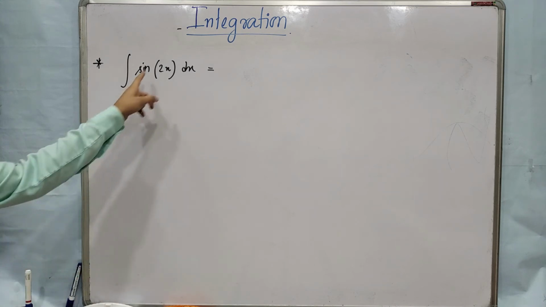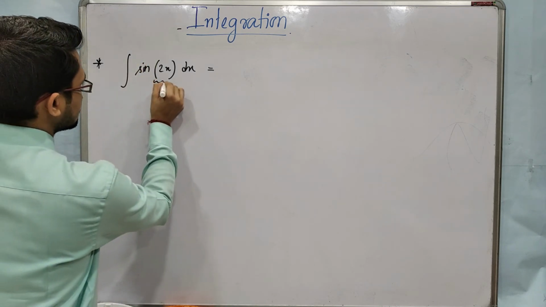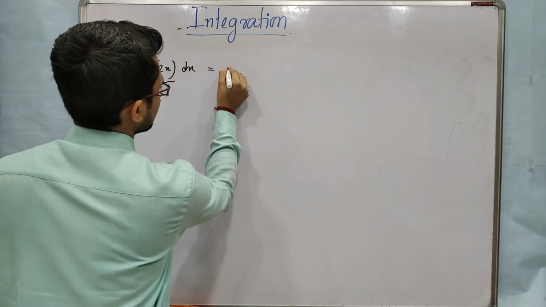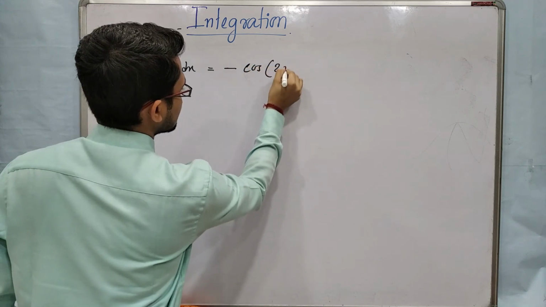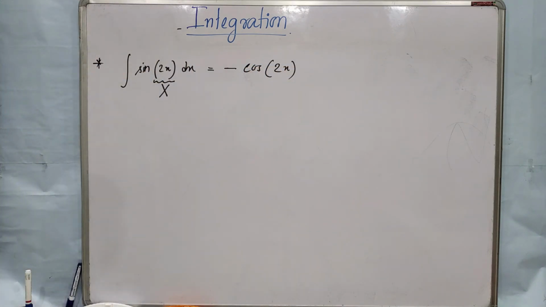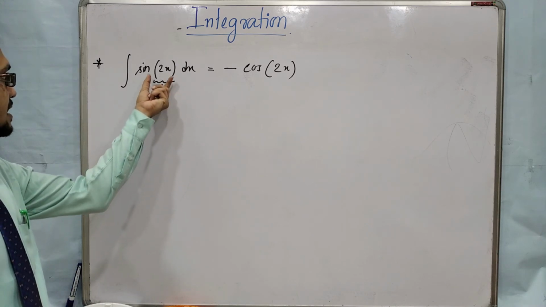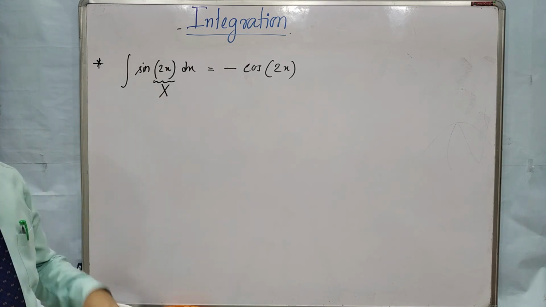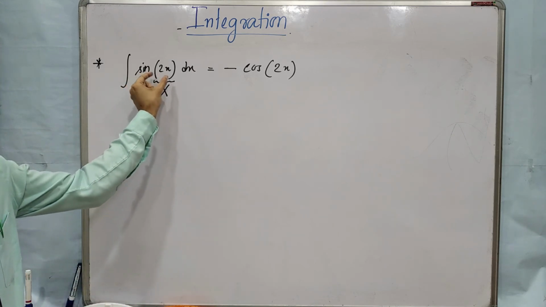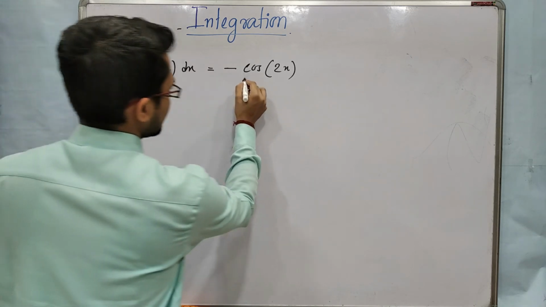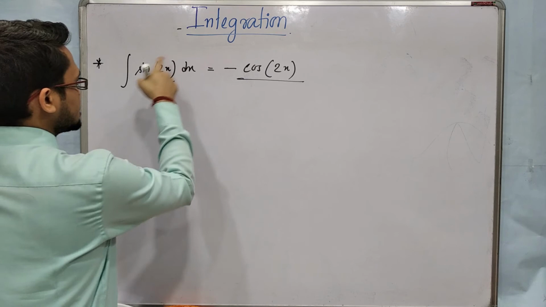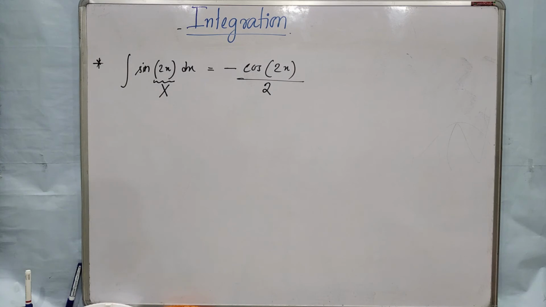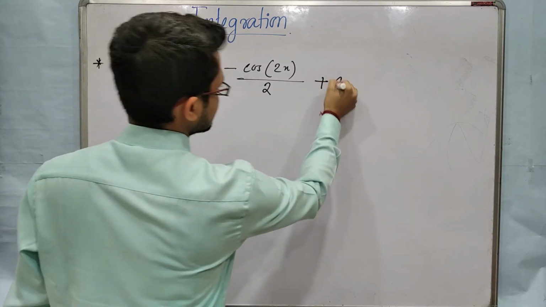But for sin 2x, first we will consider this 2x as X. Then the integration of sin will be minus cos X. Then what is the process? We do the differentiation of this part, 2x, and we divide. Differentiation of 2x is 2, and it will come in the denominator, plus c.